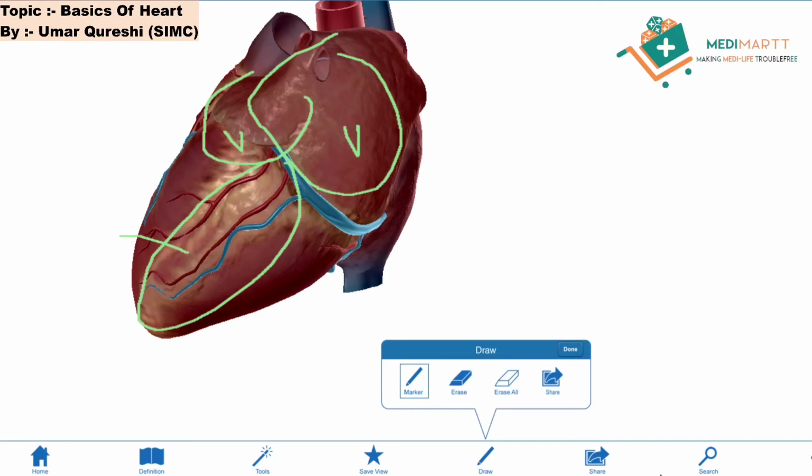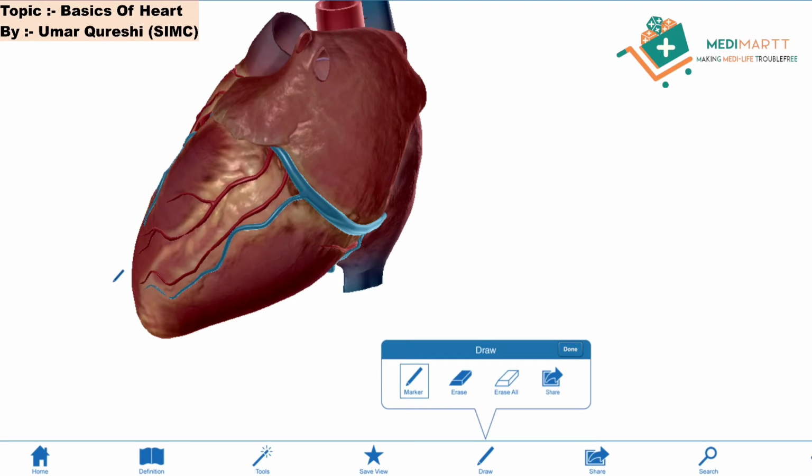Now the features of the left surface. The features of the left surface involve the left part of the atrioventricular groove. As we saw in the right border and the right part of the atrioventricular groove, a lot of things were present. Just like that, the left part of the atrioventricular groove is also present over here. The left part of the atrioventricular groove intervenes between the left auricle and the left ventricle.